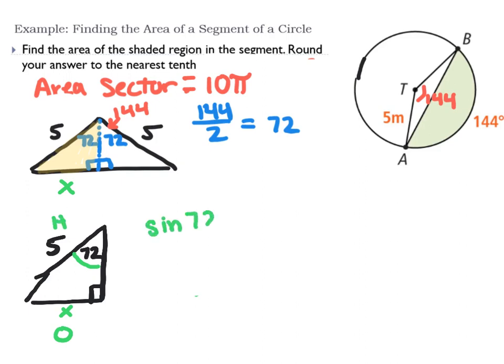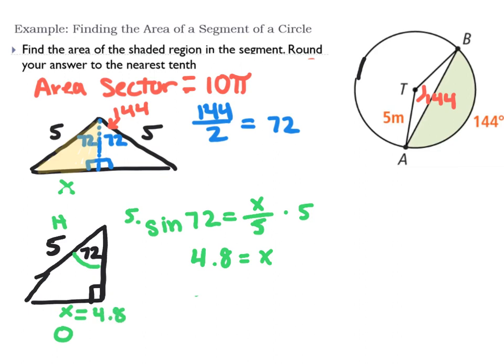So sine of 72 equals x over 5. And to solve, we multiply both sides by 5, making sure we're in degree mode. So 5 times sine of 72 equals 4.8, which tells us that this equals 4.8.